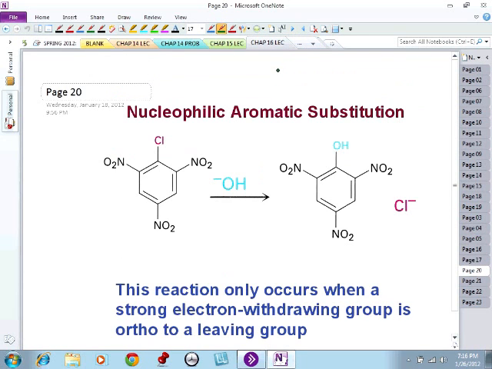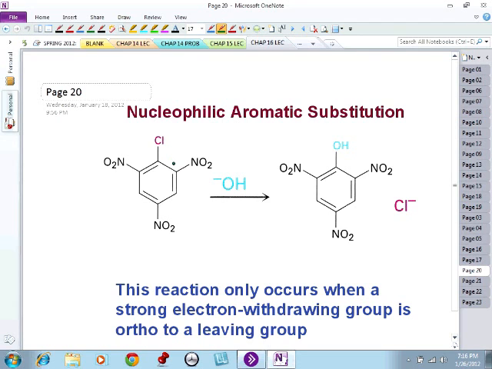Okay, the last, well, 2 more reactions will give you this and 1 more reaction, and that will be the end of chapter 16. We also have nucleophilic aromatic substitution reaction. This is not a reaction that occurs readily.